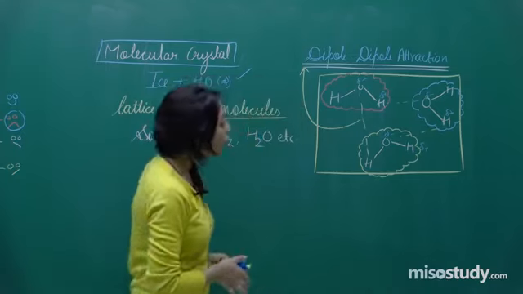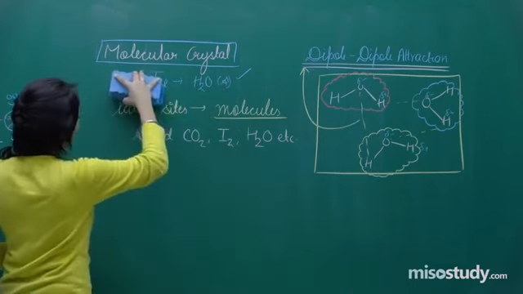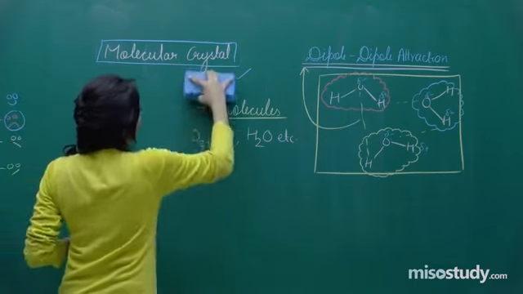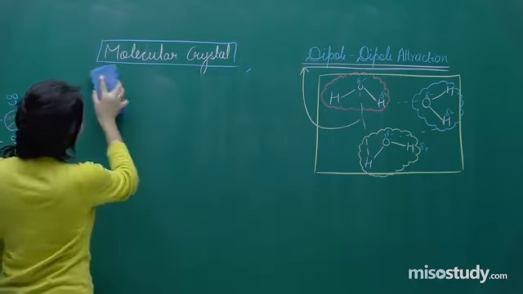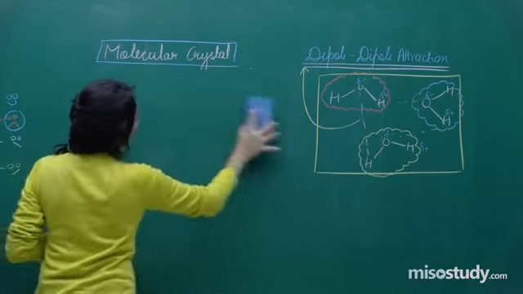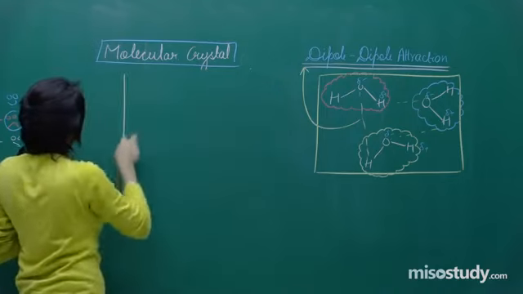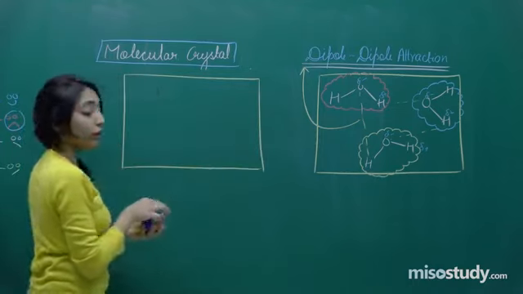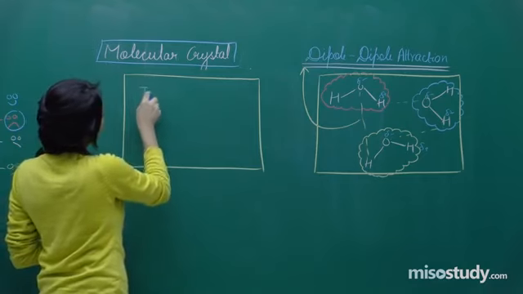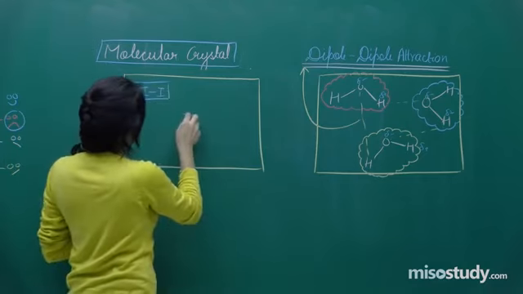Okay? Also guys, let me take another example. Let's say I am talking about iodine. If I am talking about solid iodine, so what should I write? See carefully. That is a crystal system. So now so many iodine molecules are present. One molecule of iodine.